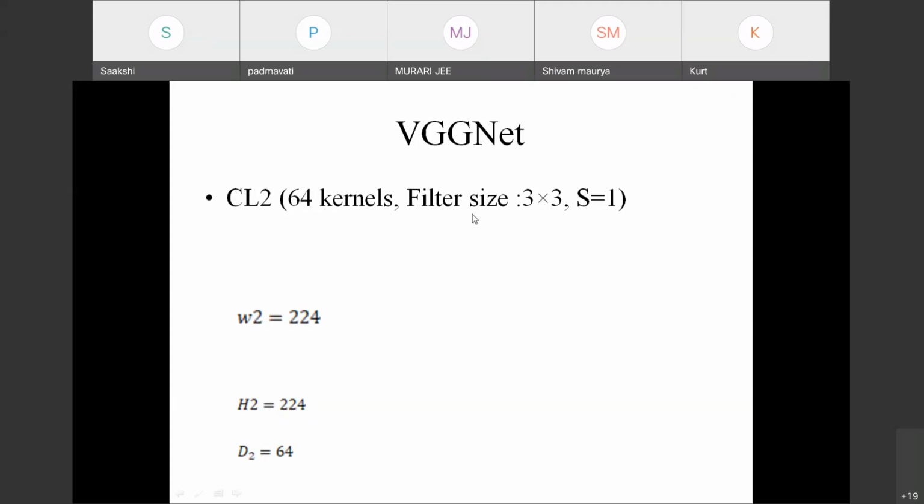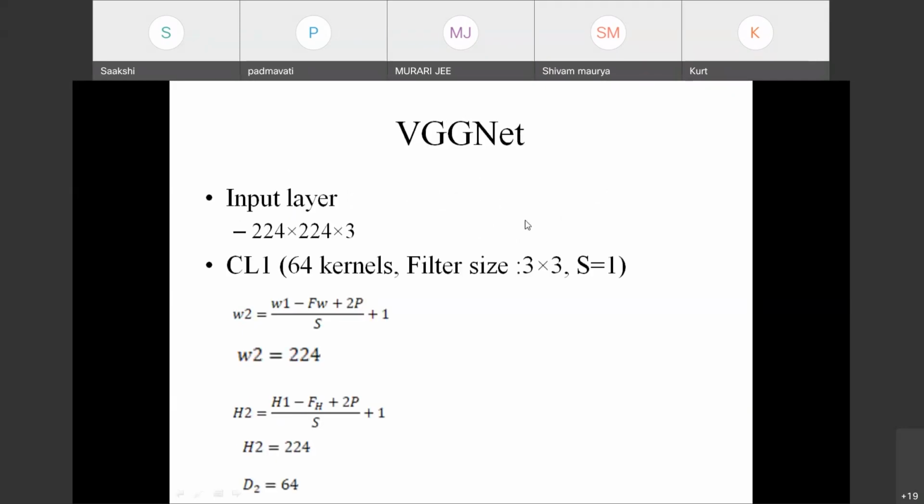The depth of the filter for this particular operation will be taken from the previous depth. That is, the output of the first convolutional operation, 224 cross 224 cross 64, will act as an input to my next convolution operation, correct?